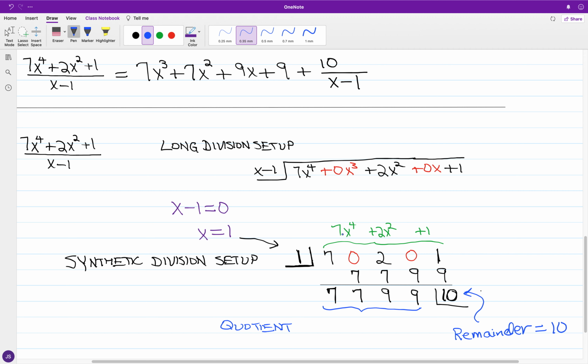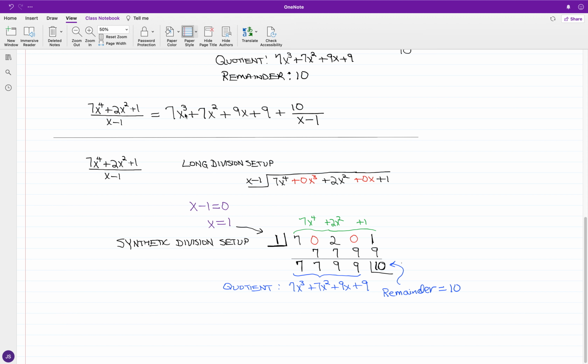For each round of synthetic division, the leading coefficient, going from 7x to the 4th in the dividend, once brought down, is in the quotient and is 1 degree less. So this 7 is in reference to 7x cubed. The next 7 is 7x squared. This 9 at the front is 9x, and then we have 9 to follow. So again, if you notice, we had the same quotient.